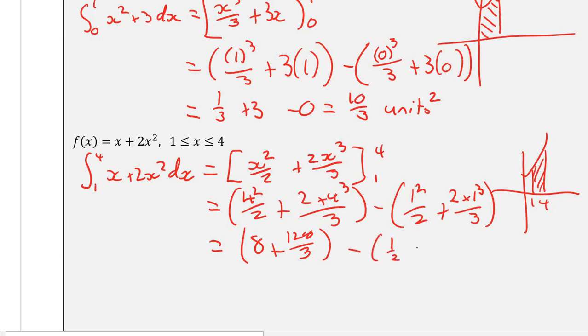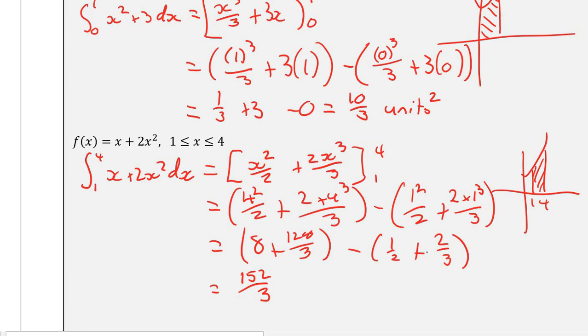minus 1/2 plus 2/3. If I combine that first bracket, 8 over 3, sorry, to get 8 over 3, times it by 3, which would be 24. 128 plus 24 would be 152 over 3. Does that become a nice number? Beautiful.